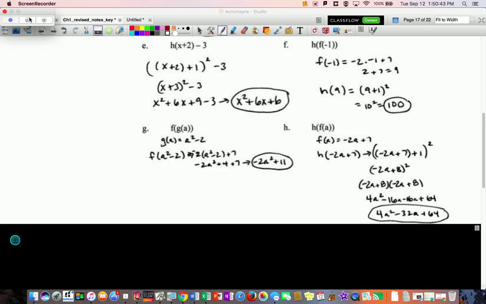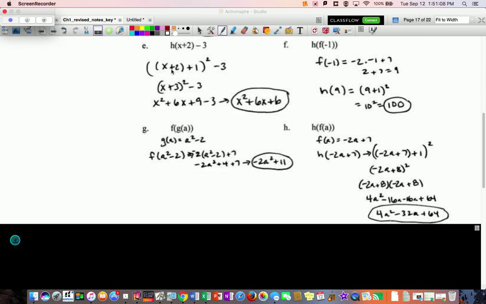All right, so here are the answers for E, F, G, and H. When you put the x plus 2 into h, it goes into the x squared position first. So it's x plus 2 plus 1 inside that function, and then the minus 3.